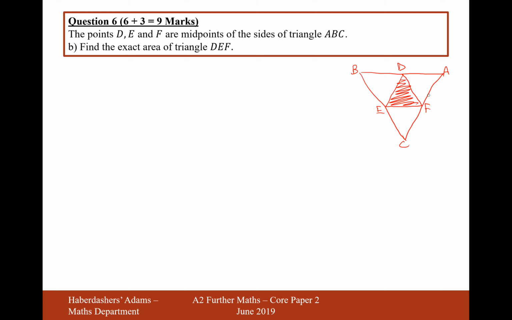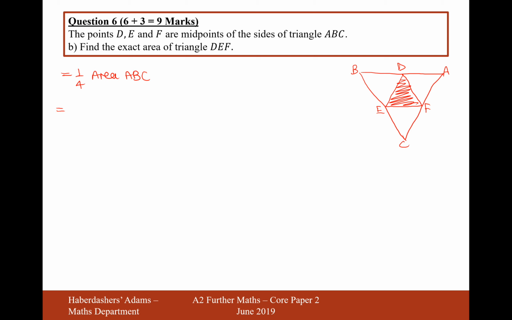So you just take a quarter of the area ABC, and that would be area DEF. And it doesn't matter if you stretch it, if it's not a perfect equilateral triangle, but given that this definitely is an equilateral triangle, this definitely must therefore be the case. So therefore it's just going to be a quarter of the area ABC.